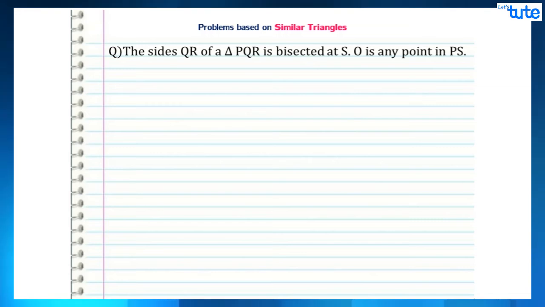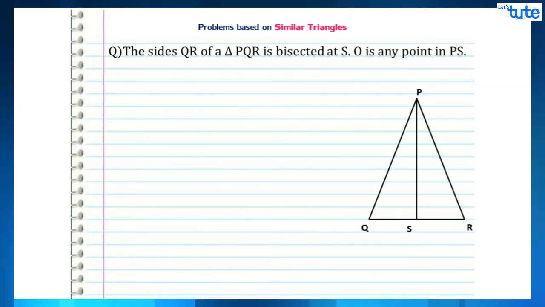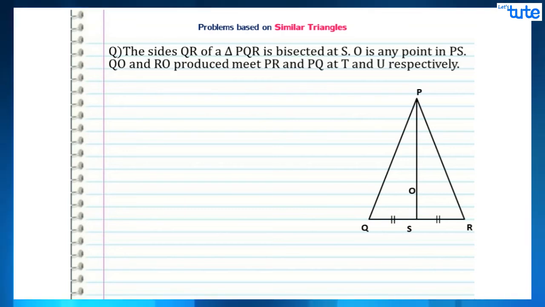Now, we'll solve the last question of this video. It says, the side QR of triangle PQR is bisected at S. O is any point in PS. QO and RO produced meet PR and PQ at T and U respectively.